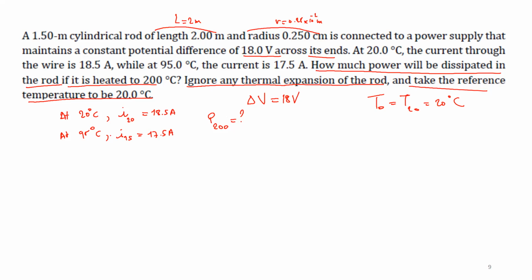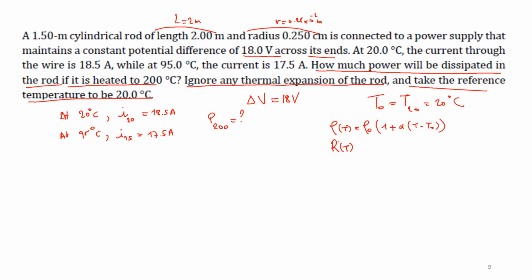As you know, the resistivity rho depends on the temperature and is equal to rho naught times 1 plus alpha (T minus T naught). Okay, that means that my resistance at any temperature, and of course here I'm considering a non-ohmic resistor, so I have a non-negligible dependence of my resistance on temperature.